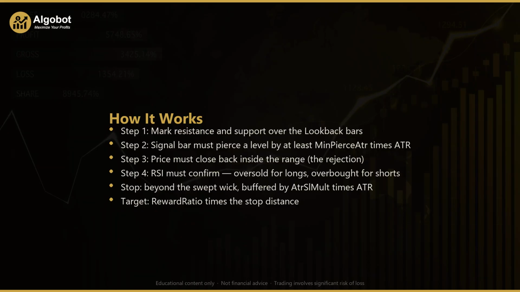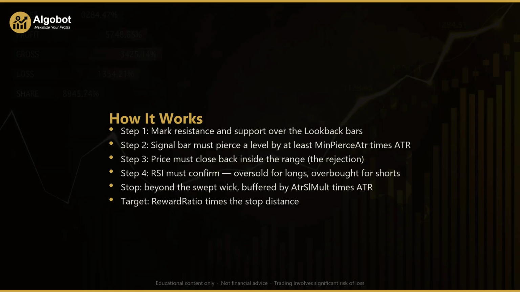Now the risk side, which is entirely ATR-based, so it scales itself to any symbol or time frame. On a long, the stop is placed below the signal bar's low, with an extra buffer of 1.2 times the ATR by default, set by ATR SL multiple. The logic is simple. If price trades back through the very low that was supposed to reject it, the reversal idea is invalidated.